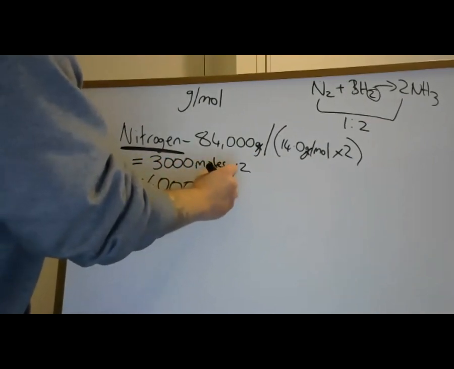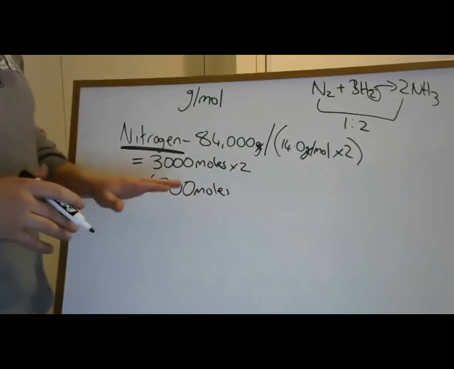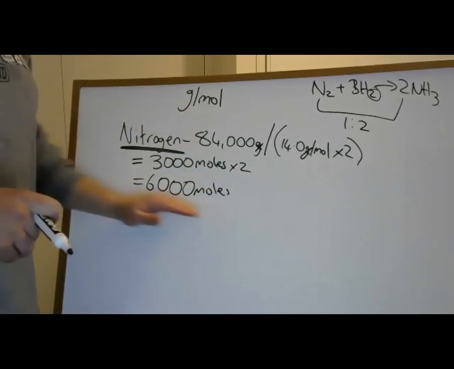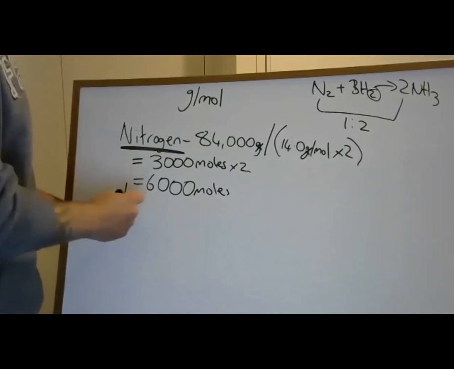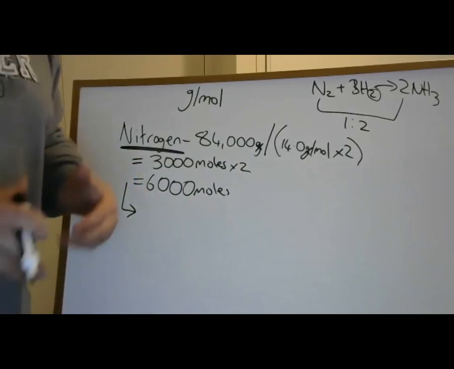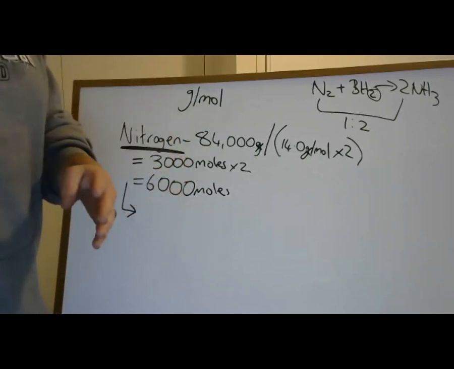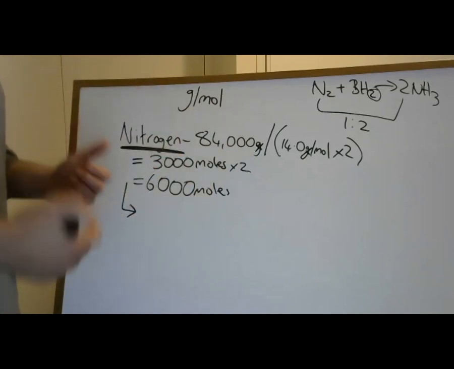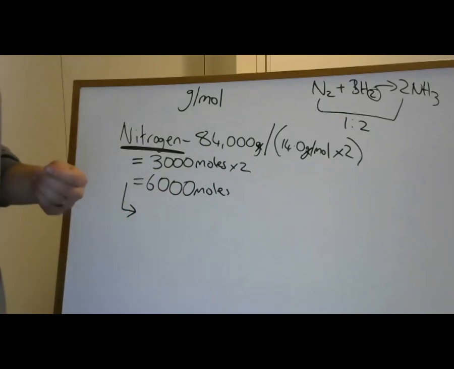That is the theoretical yield in moles, but now we need to go back to kilograms. Whilst in chemistry we don't really care about the mass, in industry where they're trying to sell this product, they need to know how much the mass is in kilos. So we do the opposite of what we did.